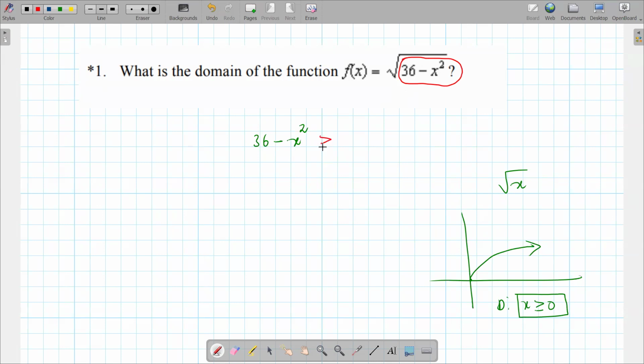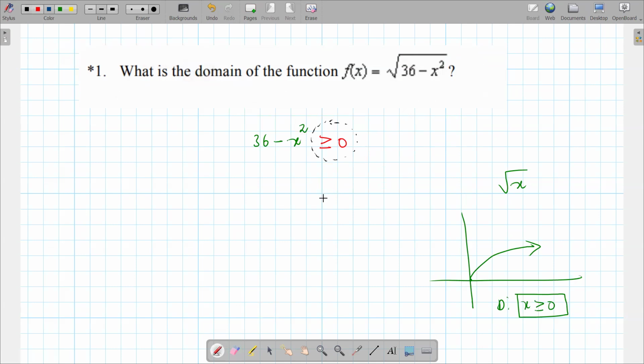It can be zero, but it just can't be negative. So now we have an inequality here. 36 minus x squared is greater than or equal to zero. See that? So the hardest part here is where this comes from. This comes from the fact that you cannot have a negative number inside the square root.